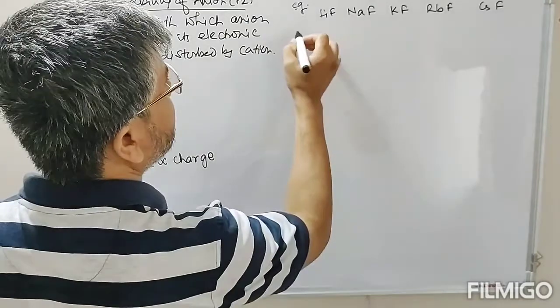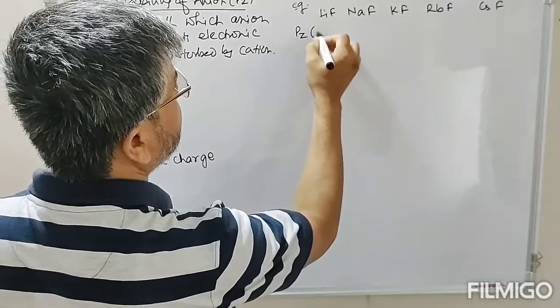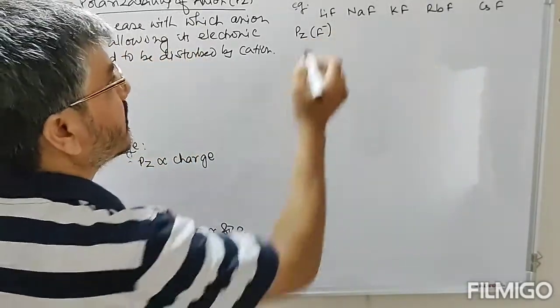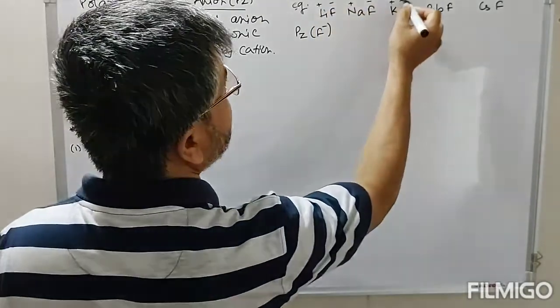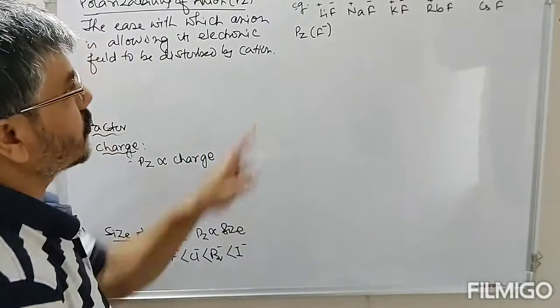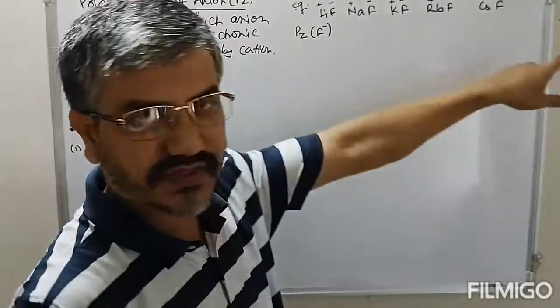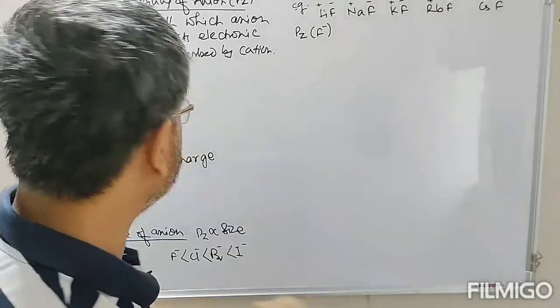So if you look at the polarizability, that is F minus. In all these cases we have Li+ F-, Na+ F-, and so on. So in all these cases the anion is fixed, F minus, so the charge is the same and the size is also the same.